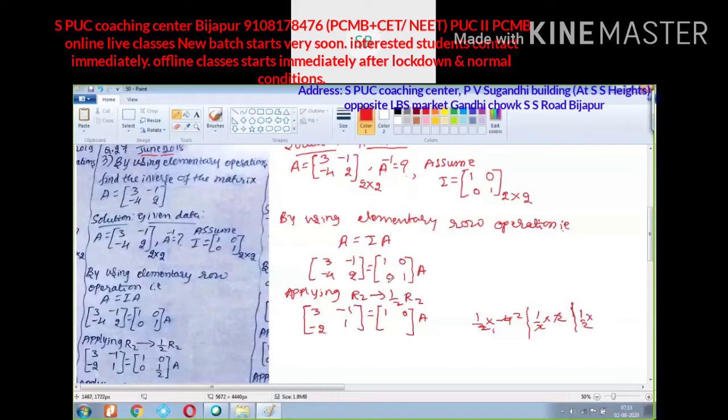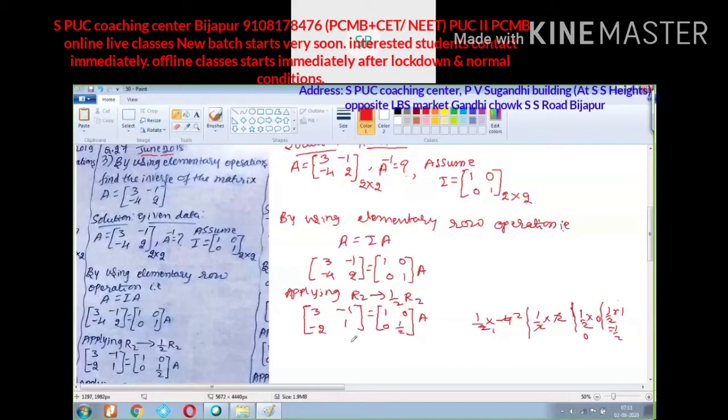Next, in R2 the 0 is here. 0 into anything is 0 only. Next, here is 1 in R2. 1 by 2 into 1 is going to come out as 1 by 2. Here I am going to write 1 by 2.